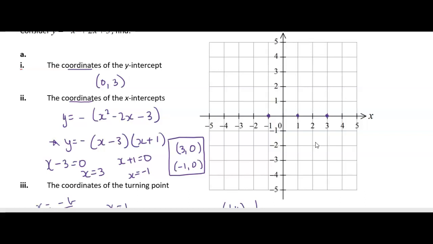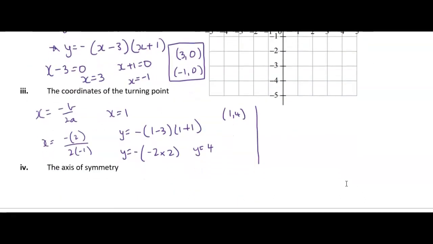So -1 plus 3 is 2, divided by 2 gives you the 1. And then you just substitute it back in as well. I might not write that again just because I'm going to keep this sheet with the answers on it, so people might not know what I'm actually doing if I write anything else on there. So I'm just going to write 1, 4. And because we've got a bit of working out there, I'm going to put it in a square, just so we know where the final answer is.